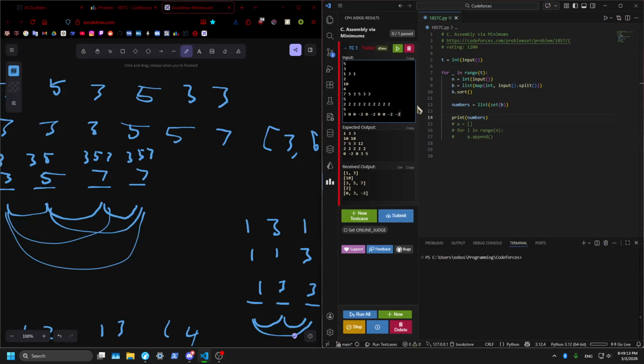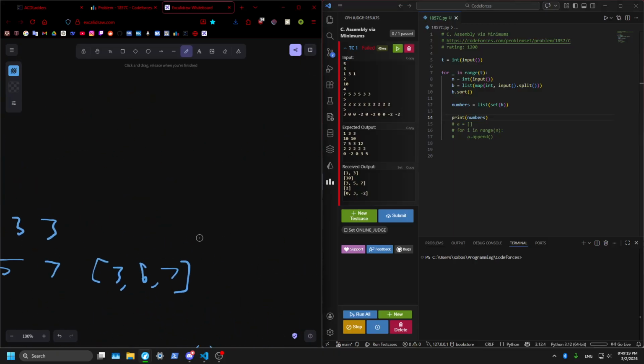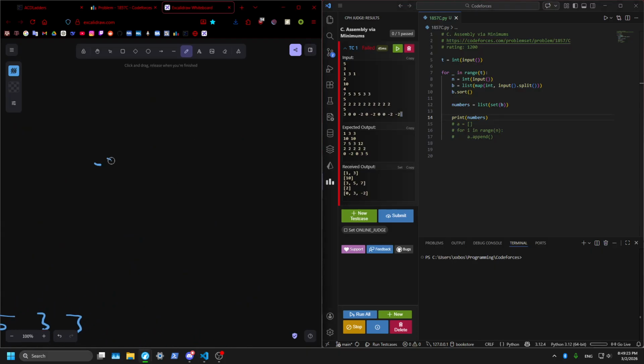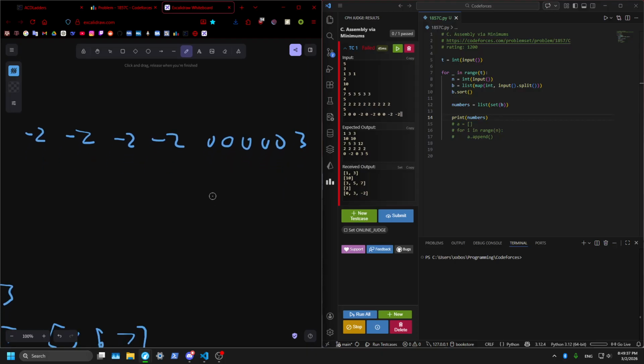This is B. If we were to sort this, let's take a look at this case. So sorted would be -2, -2, -2, -2, 0, 0, 0, 0, 3. Oh, there's 5 zeros. Right. We have 5.